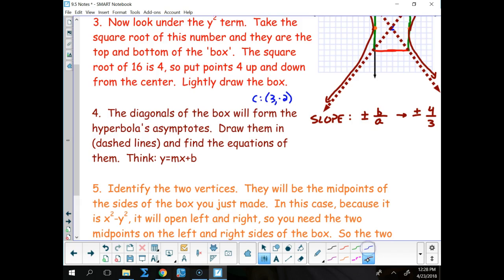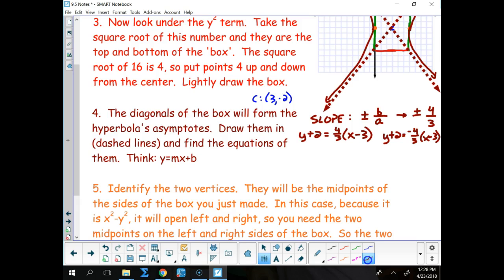So then we would go y minus -2 equals 4/3 times x minus 3. And then we'd also go y minus -2 equals -4/3 times x minus 3.